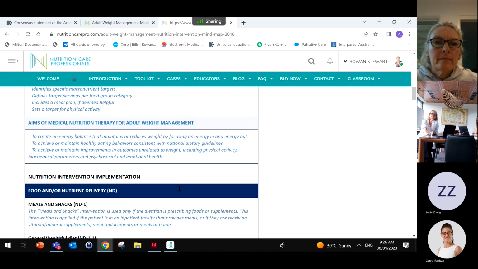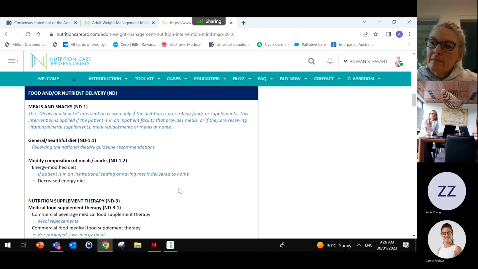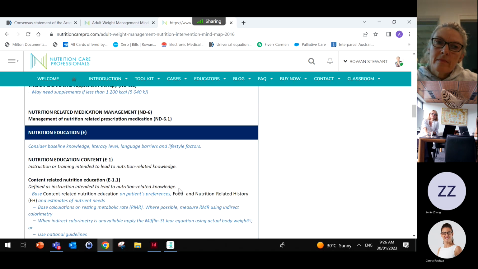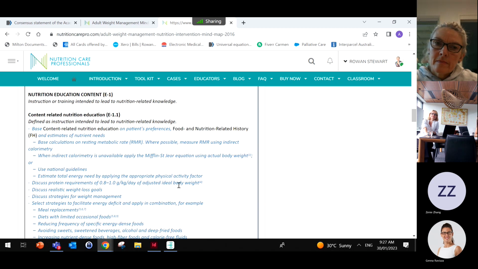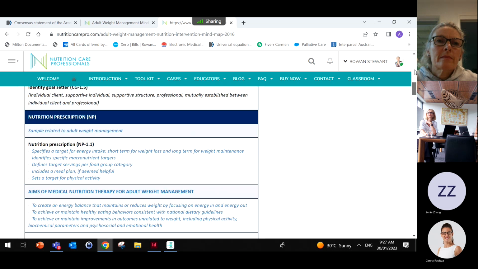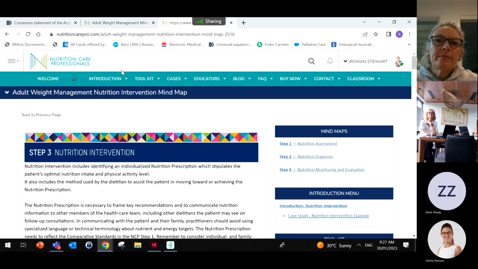We show you how much energy, how much protein, the alcohol recommendations for patients, the physical activity recommendations. There is loads of information in there. There's your protein requirements, which you can draw upon when you're coming up with a nutrition intervention. And then finally, in the same format, we have monitoring and evaluation.